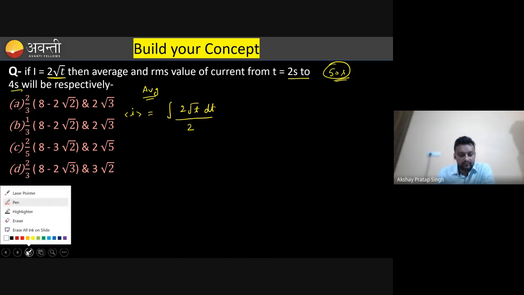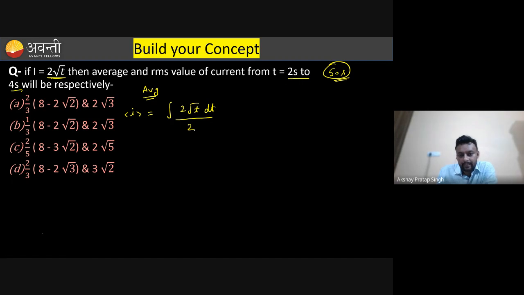Okay. The first statement is clear, I will say. The limit is 2 to 4 second. This 2 and 2 can be cancelled. What will it become? Integration of root t. Root t integration is t raised to the power 3 by 2 divided by 3 by 2. Limit is from 2 to 4.